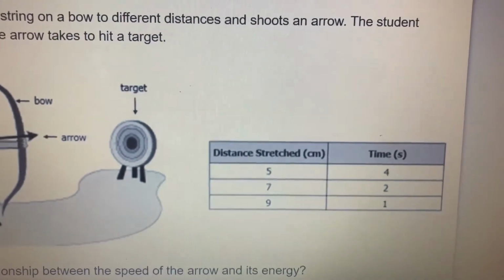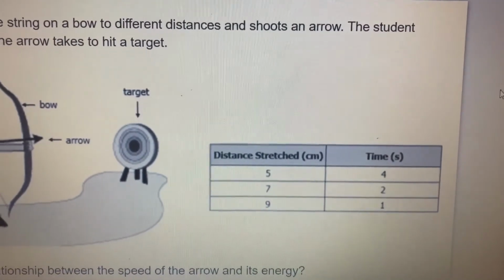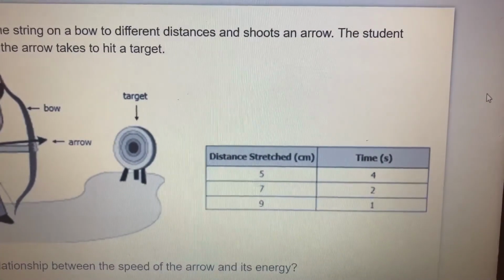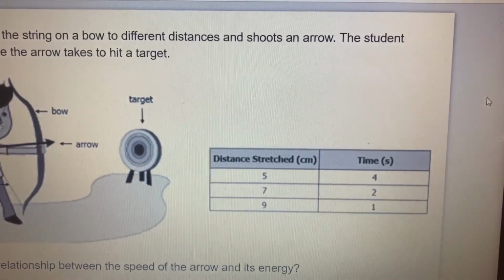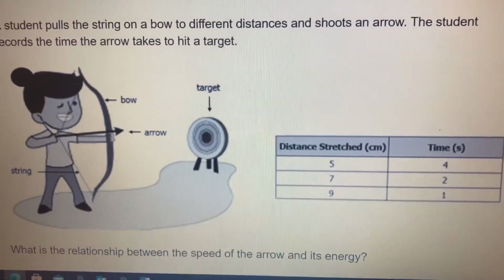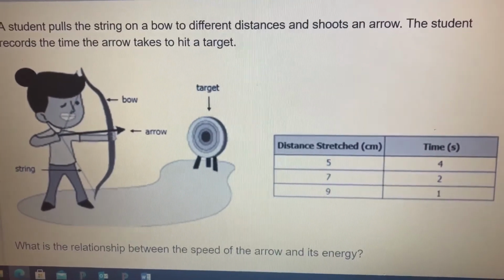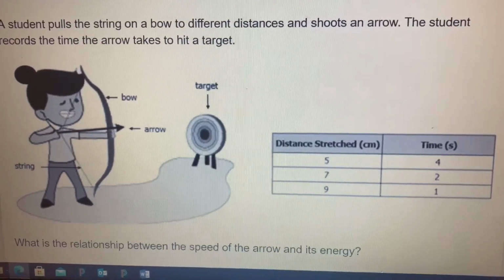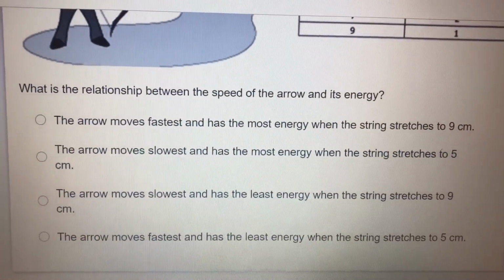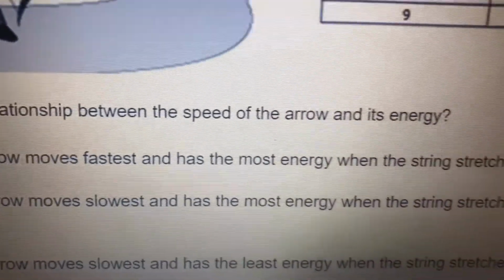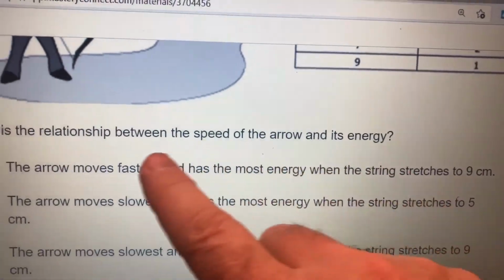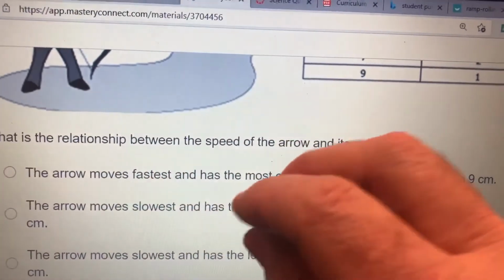So distance stretched in centimeters is 5 centimeters, and then it took 4 seconds. 7 centimeters, 2 seconds. 9 centimeters, 1 second. Okay, let's see what the question is asking. So we know what's going on. There is a student that pulls a bow to shoot an arrow. So the question now is, what is the relationship between the speed of the arrow and its energy?